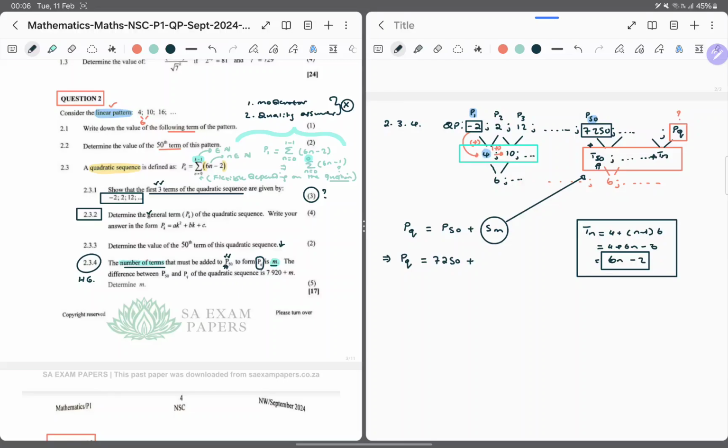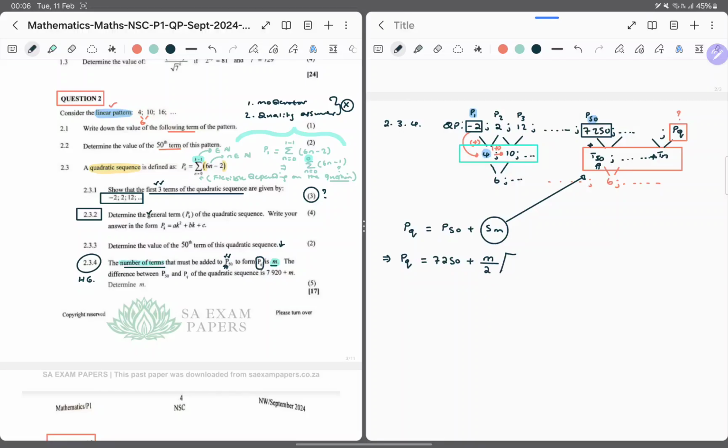So we know, guys, that technically this is going to be the sum from term 50 of the arithmetic sequence. But I'm going to do it in a smart way because I don't have time. So what do we know, guys? This is going to be the number of terms, m over 2.